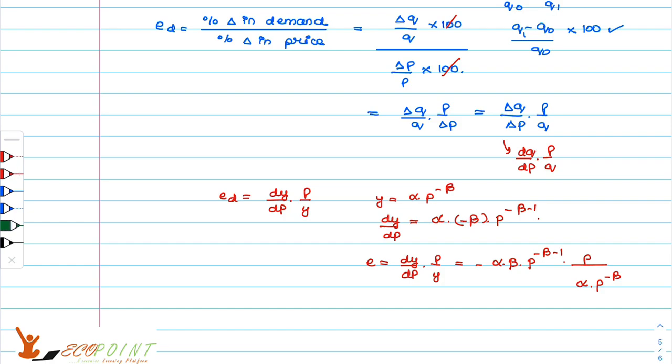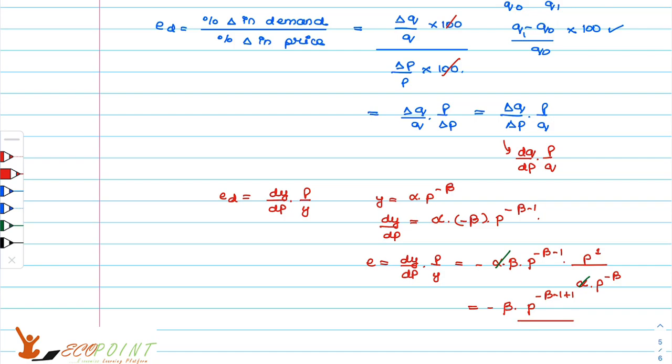Now you tell me, this alpha is gone? Yes. How can you write this? It is p to the power minus beta minus 1 into p to the power 1, so the indices are added: minus beta minus 1 plus 1.